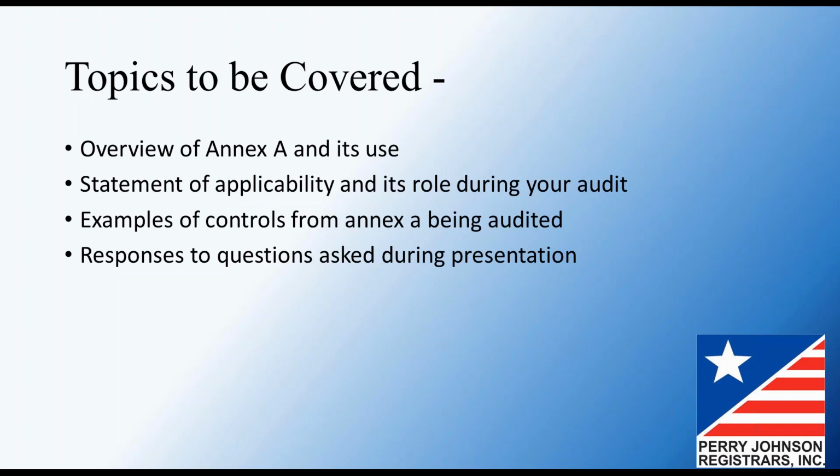After that, I'll certainly take as much time as necessary to respond to any questions that you may have. Feel free throughout the presentation to pose any questions in the questions tab of your GoToWebinar applet. And at the end, I will open those up and make sure that I respond to any and all questions that you may have.